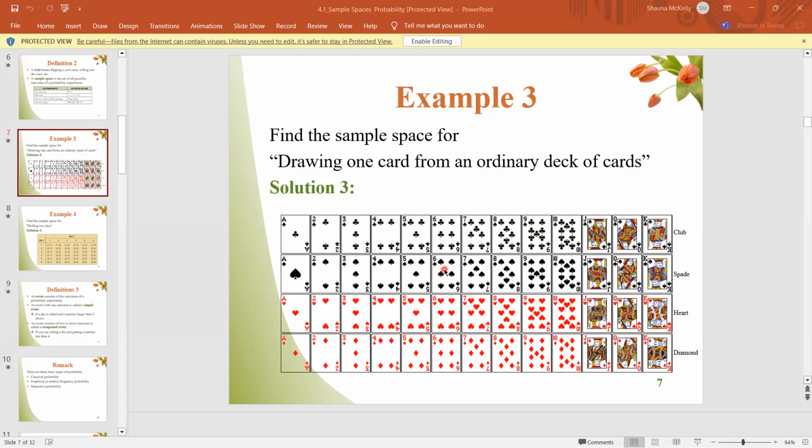Let's think about it like this. If I just counted the cards that fit, I would count 1, 2, 3, 4, and then 5, 6, 7, 8, 9, but I don't want to count this one again, then 10, 11, 12, 13, 14, 15, 16.